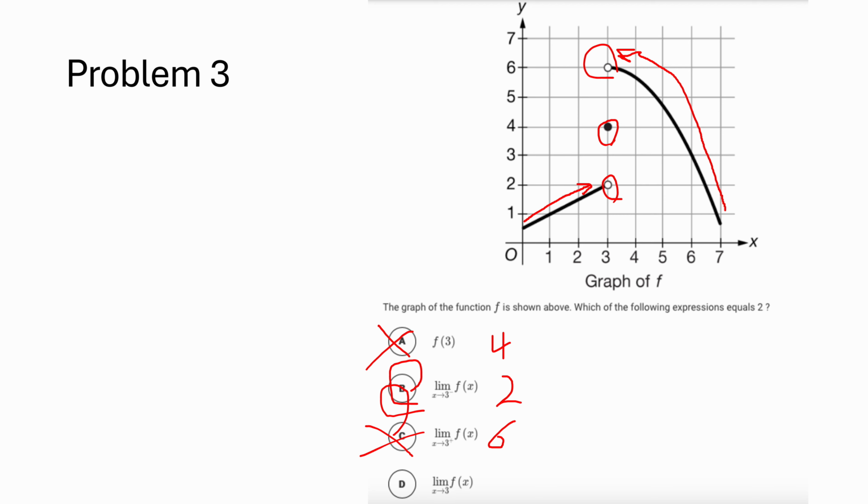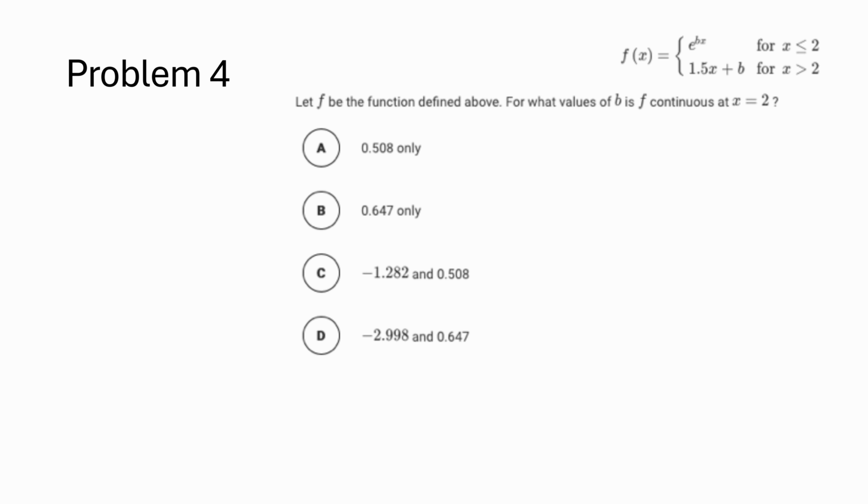Limit as x goes to 3 of f of x. Since these two are not equal to each other, we can conclude that this does not exist. In order for a limit to exist, the 3 minus and 3 plus values should be the same. And that applies to all limits, not just this one.